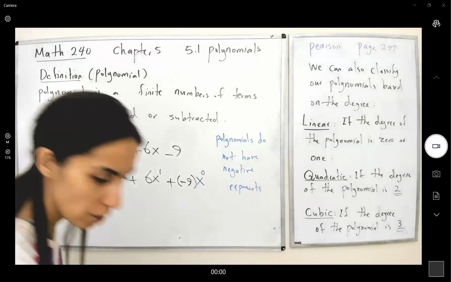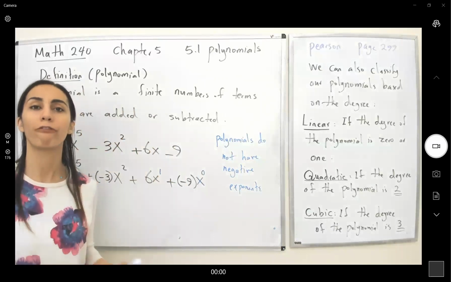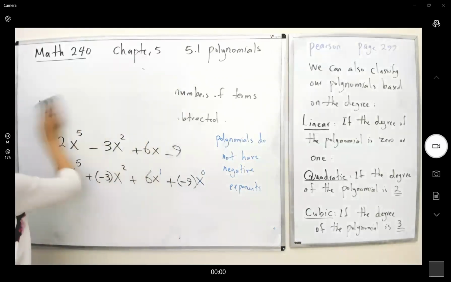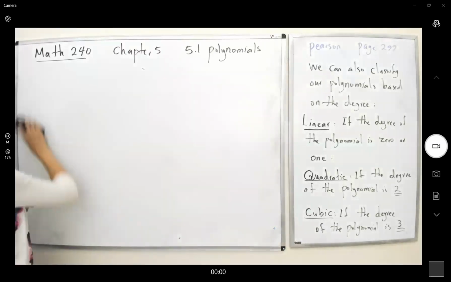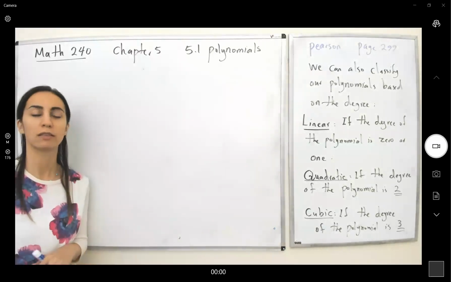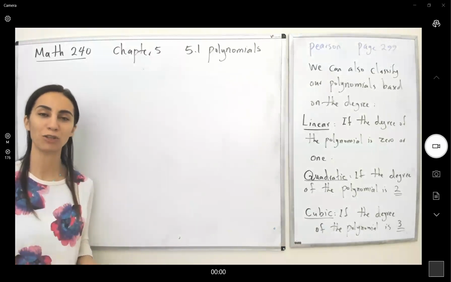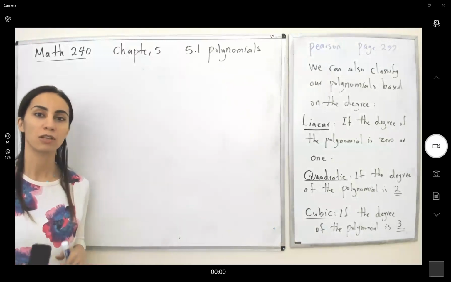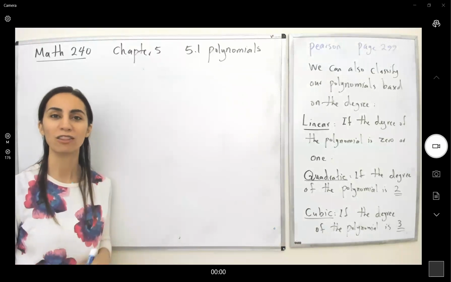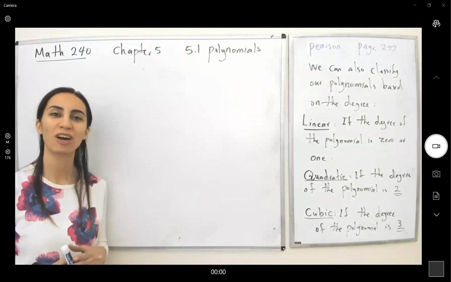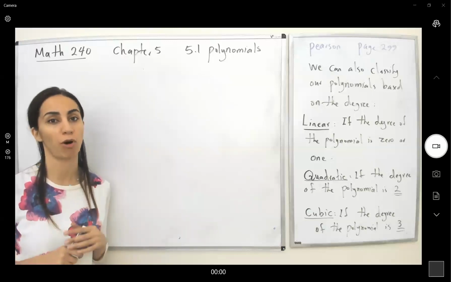Well, when it comes to polynomials, you need to know that polynomials are functions. What do we mean by that? It means that they have domain and they have range, and you can graph the polynomial using either graphing paper or online websites like Desmos, GeoGebra, and actually visualize the polynomial.